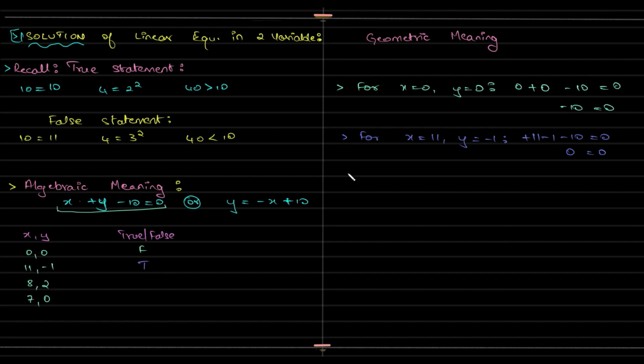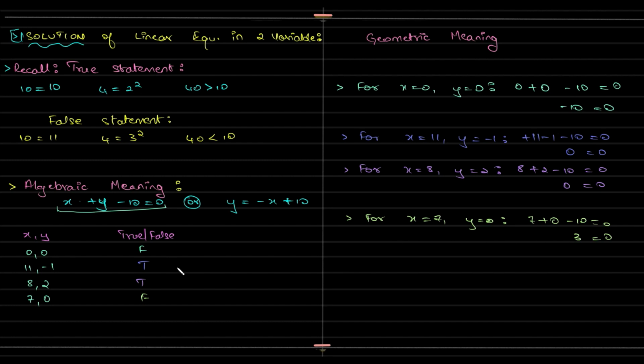Next, for x is equal to 8 and y is equal to 2, we have 8 plus 2 minus 10 being equal to 0. 10 minus 10 is equal to 0. Yes, we have a true statement. Then for x is equal to 7 and y is equal to 0, we have 7 plus 0 minus 10. 3 being equal to 0, that's not possible. This is a false statement.